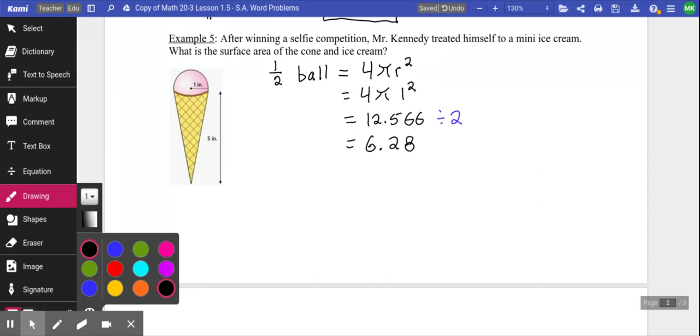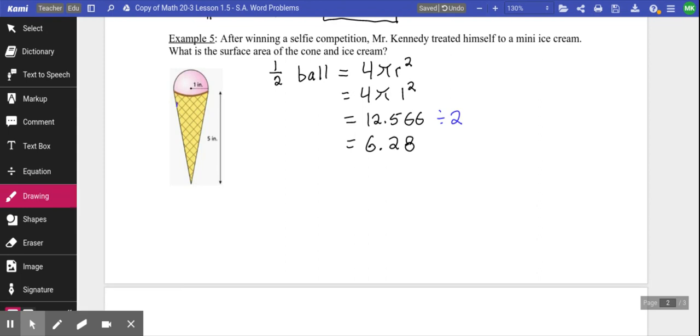The next part is the cone part. We're calling it the incline or the cone. When you look at your formula sheet for a cone, it tells you how to do the whole thing.